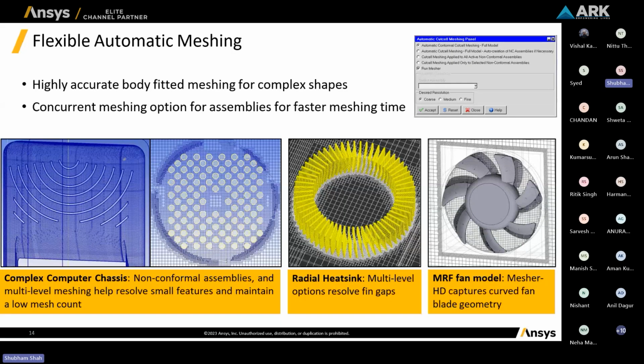The major advantage of iSpec is that it takes really less time to perform the meshing for complex shapes, and highly accurate, body fitted meshing is available for complex faces, with a concurrent meshing option for assemblies for faster meshing time.